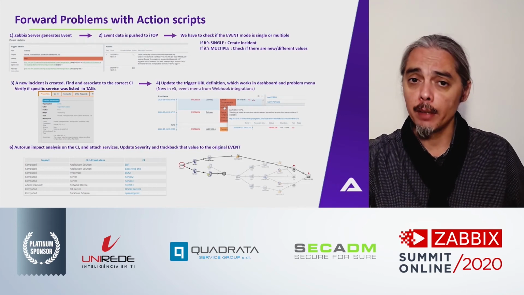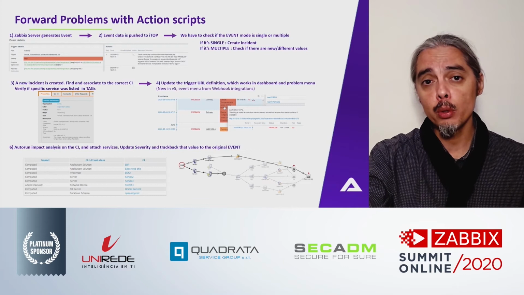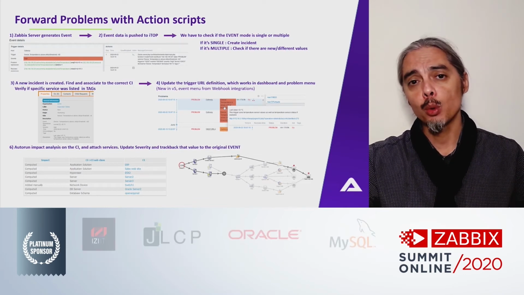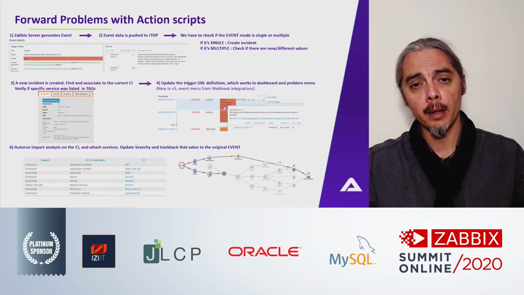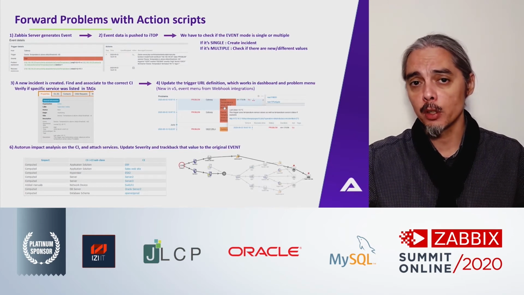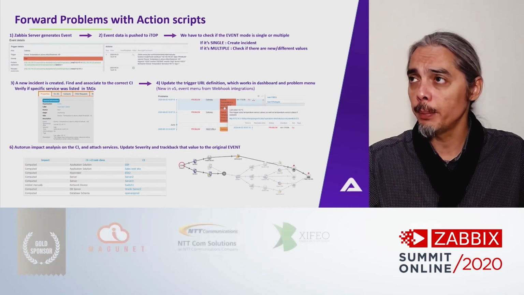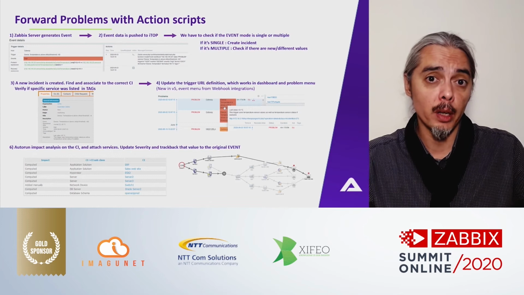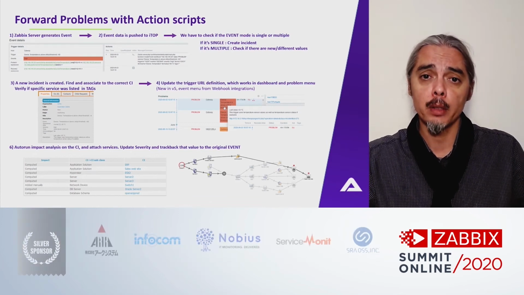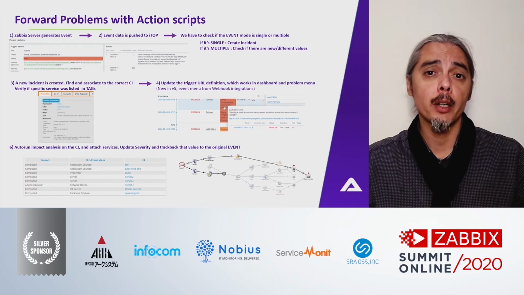At that point, if the trigger had a specific service tag that was designed, we use that service tag to map the incident directly to the service. Once it's created, we find the ticket information, and we choose to put that in the trigger URL definition, which gets logged as a comment in the event, and which will allow you from the dashboard to be one click away from the incident.